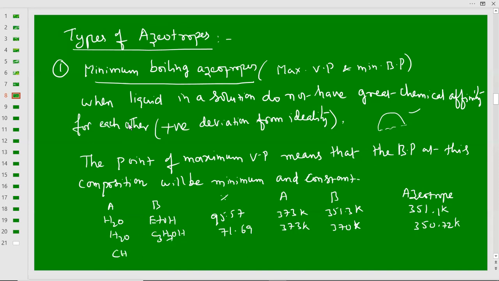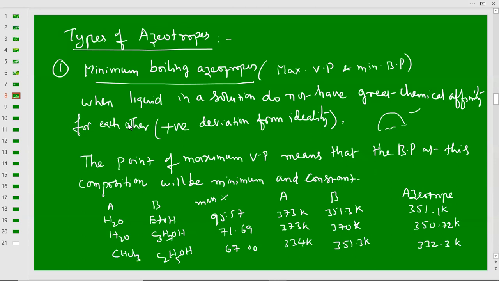Like that, one more: chloroform mixed with ethyl alcohol, C2H5OH, where the ethyl alcohol composition is 67.00 mass percentage. Chloroform's boiling point is 334, and that of ethyl alcohol 351.3 Kelvin. But the azeotrope comes at only 332. So it is lesser than the boiling points of the components individually.